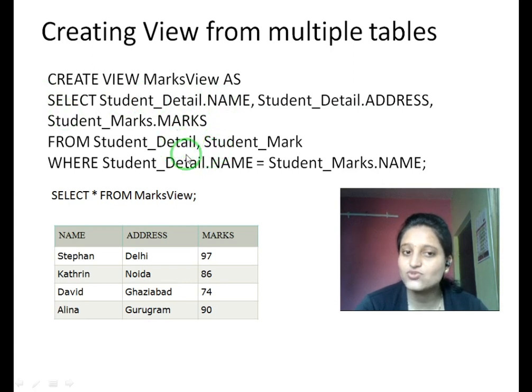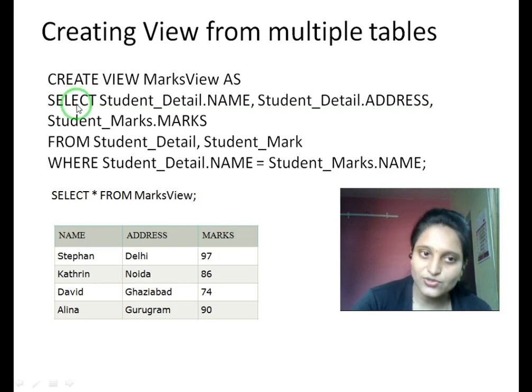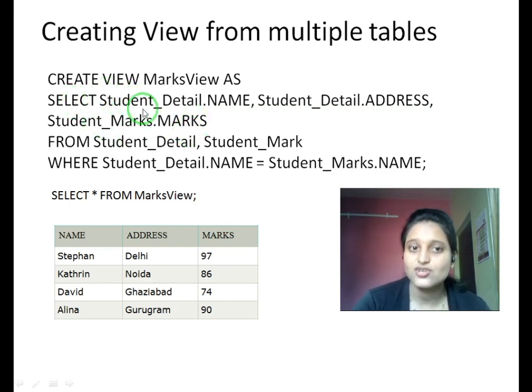But here, dear student, two tables are involved. Therefore, I specify the attribute name with the table name using the dot operator. So, I repeat, from student_detail I want name and address, and from the student_mark table I need the marks attribute. Therefore, I include in the select expression student_detail.name.